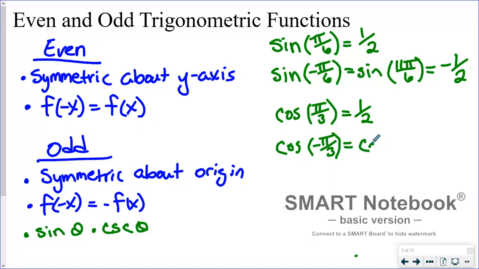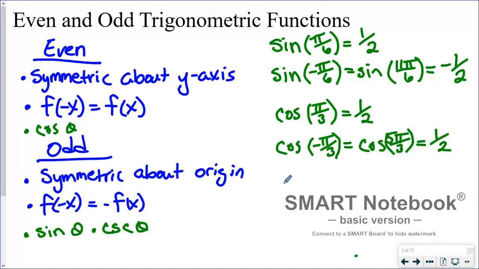Either way, this is the same thing as cosine of 5 pi over 3. So if we go to 5 pi over 3 on the unit circle, look at the x-coordinate, we get 1/2. Did we get the exact same or the exact opposite? The same. So cosine is an even function.